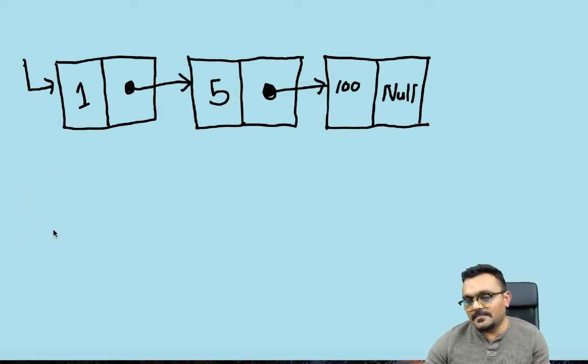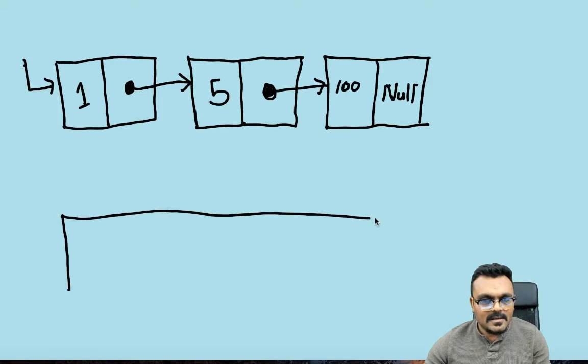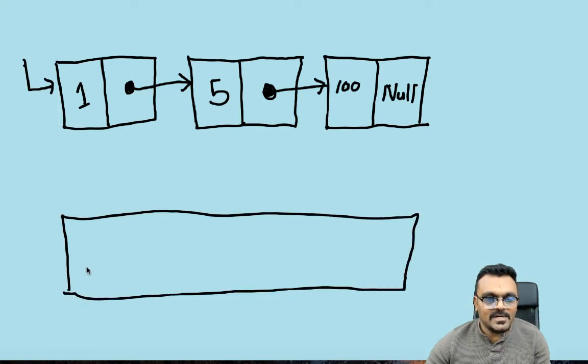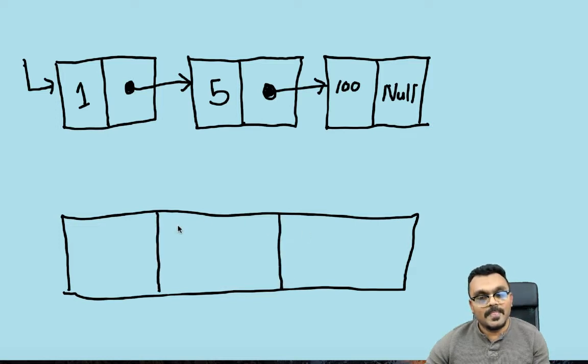Now let's build a similar array, right? Because it's an array, I'm going to have sort of like rooms. Okay, so if I want to have a treasure map, they're in consecutive rooms. So here's the array, I call it array A, and it has the same values, 1, 5, and 100.